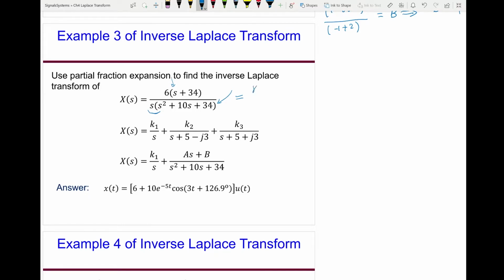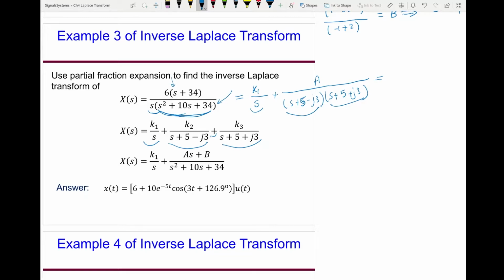So I can express this as k1 over s plus, and when you factor these, you will get something like this. S plus 5 minus j3 times s plus 5 plus j3. This is like 5. And let's say this is a. And if you factor this further, you will get this: k1 over s plus k2 over this plus k3 over this.